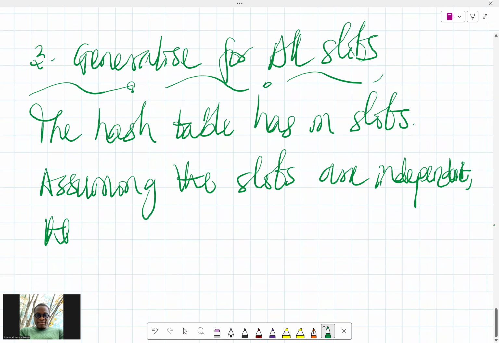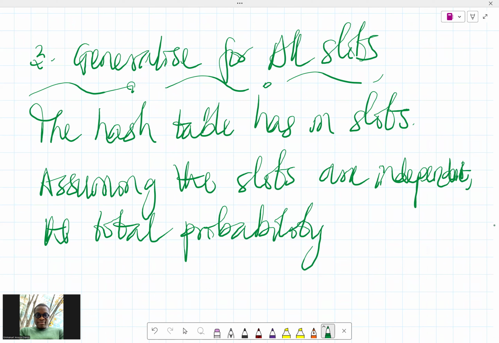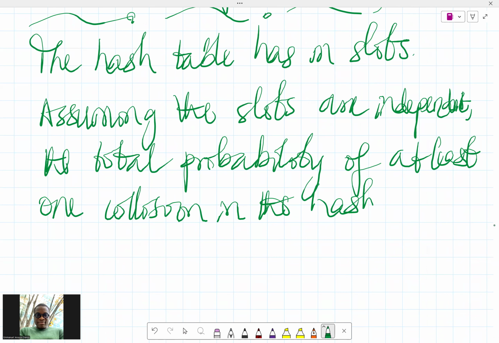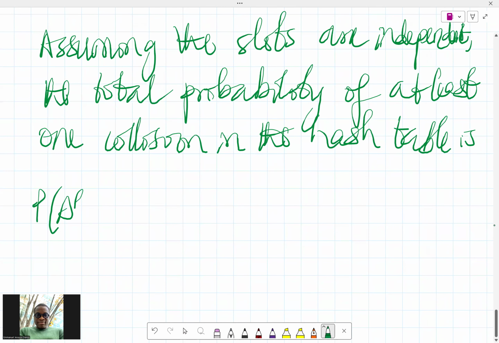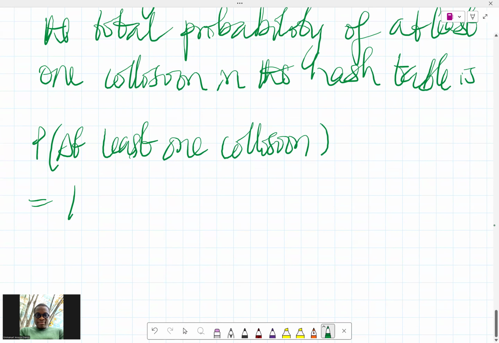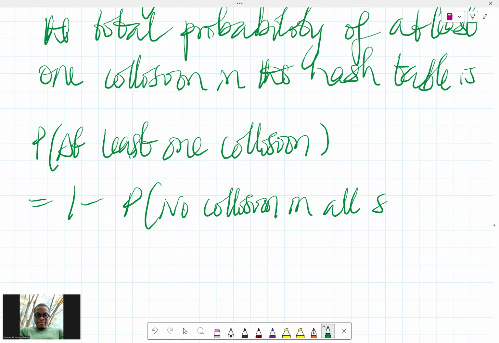Assuming the slots are independent, the total probability of at least one collision in the hash table is the probability of at least one collision, and that is equal to 1 minus the probability of no collision in all slots.